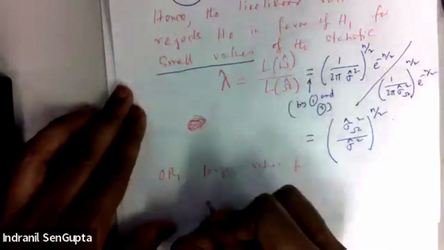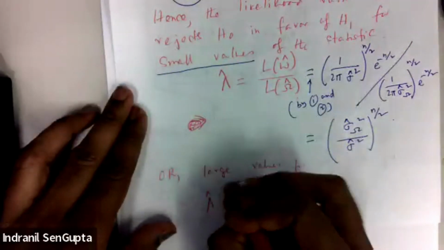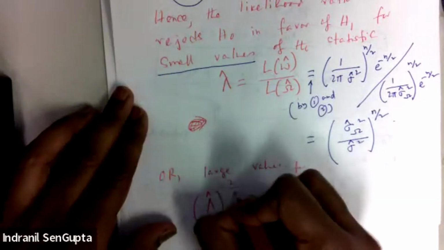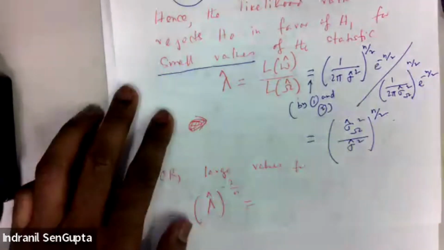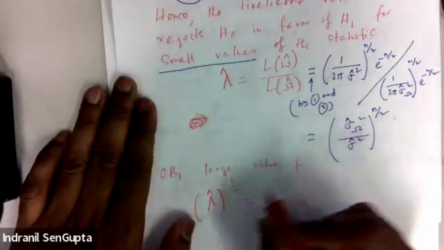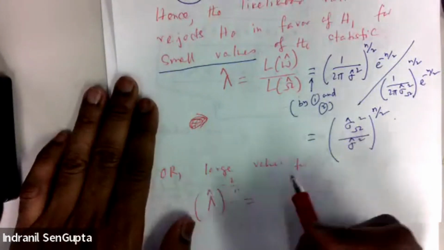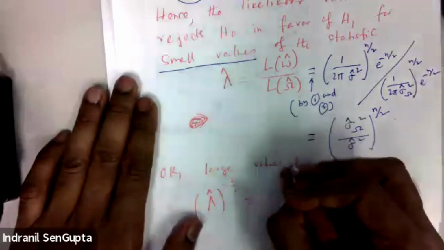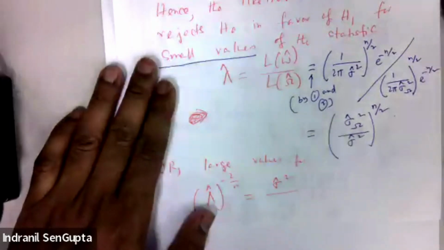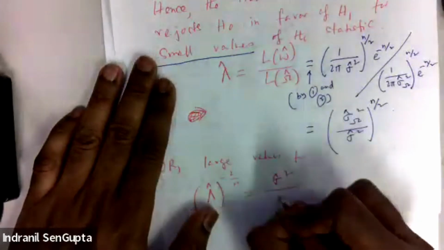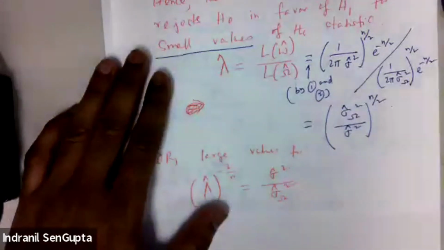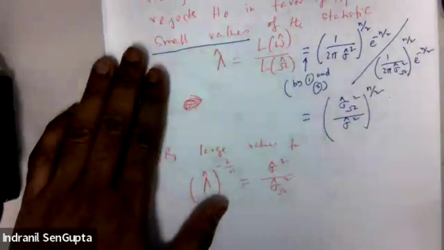So we are trying to get rid of this constant, say gamma hat to the power of minus 2 over n, which is equal to really sigma. So if I have the power of 2 over n with a negative sign, it becomes sigma hat squared over sigma omega hat squared.